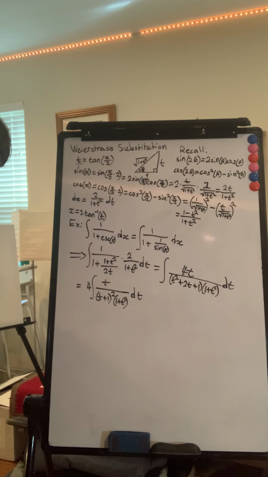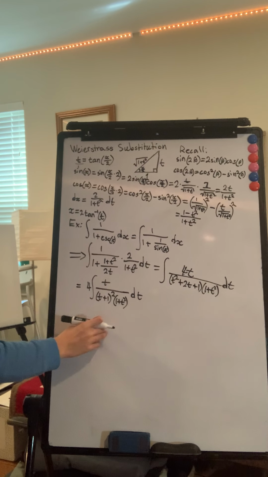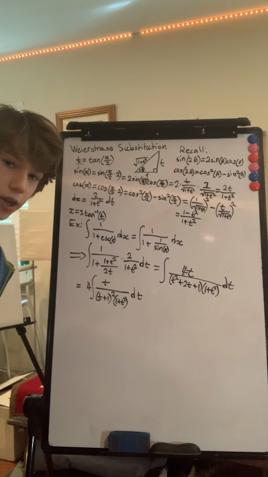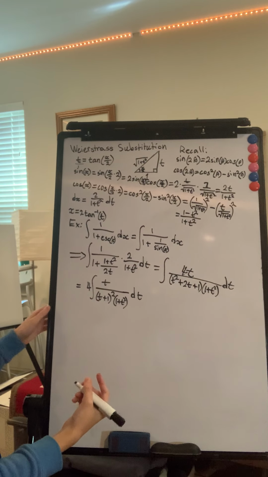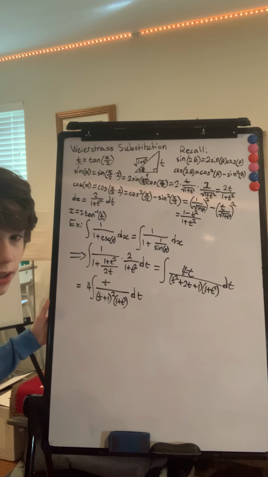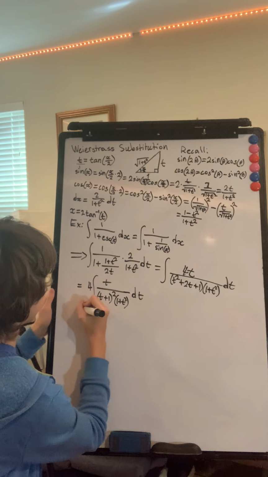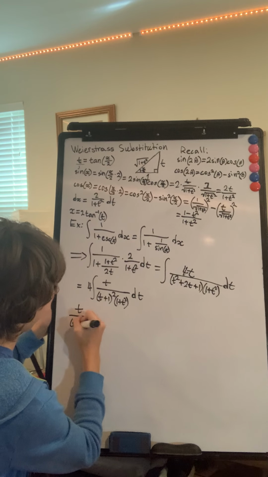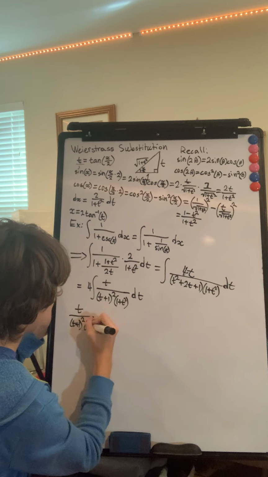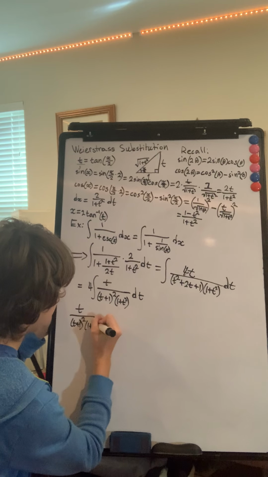This might be a bit tedious, but let's try it out. Doing our partial fraction decomposition, we're kind of running out of space here, but basically we need t over (t plus 1) squared. Right now I'm just setting it up.